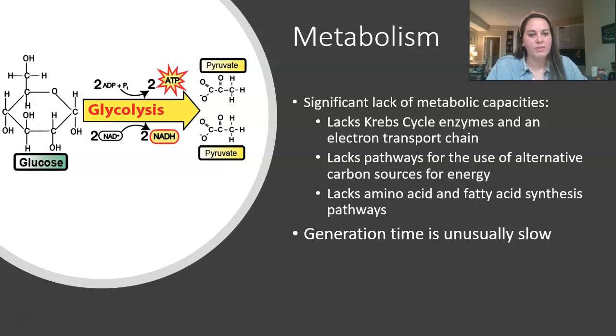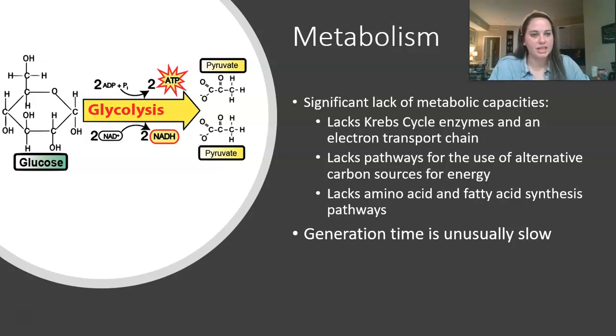So T. pallidum has a significant lack of metabolic capacities. It goes through glycolysis, but it lacks the Krebs cycle and the electron transport chain. It also lacks pathways for the use of alternative carbon sources for energy, and it lacks amino acid and fatty acid synthesis pathways.